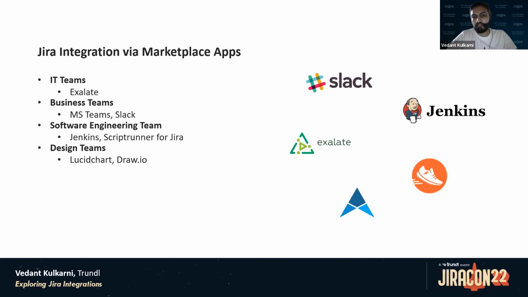So Exalate from Jira and Exalate from the ServiceNow team will talk to each other, share the data, and exchange the data, and you will basically have the same copy from Jira at the Exalate end, and Jira and Exalate at the ServiceNow end. So these two Exalate instances will communicate and share the data. This is one of the use cases you may have to integrate, and it is even possible within Jira itself.